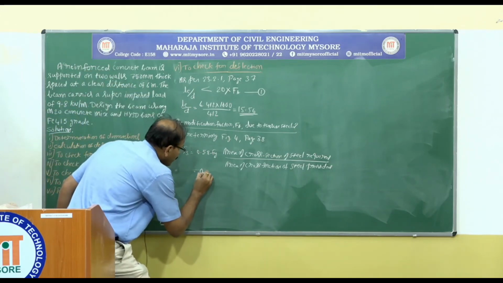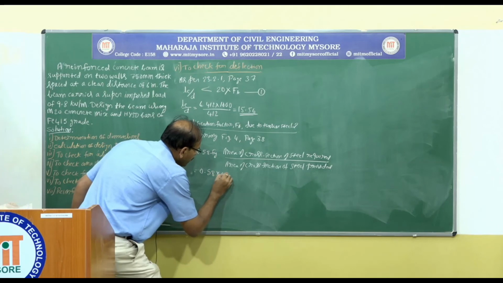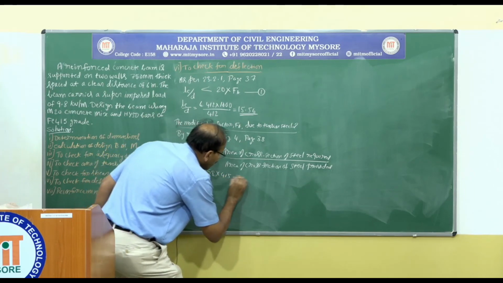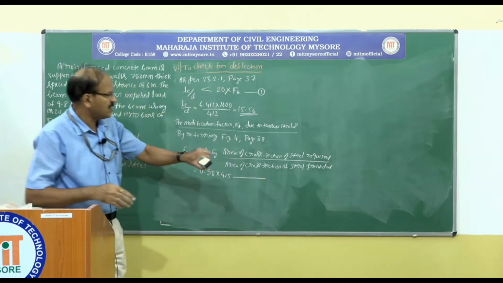So that is 0.58 multiplied by 415. Okay. So what is the area of cross section of steel required?